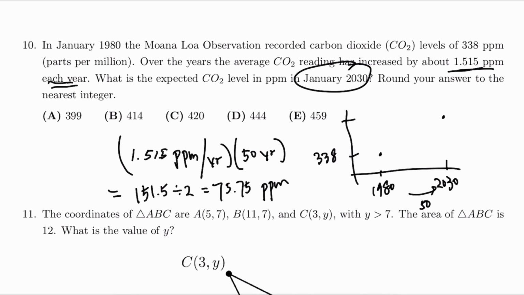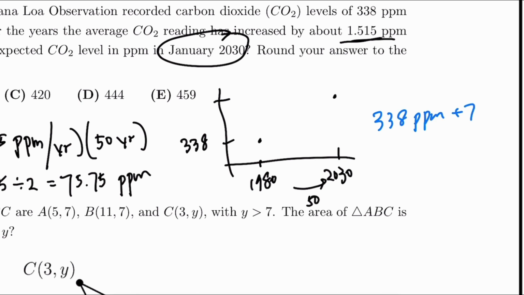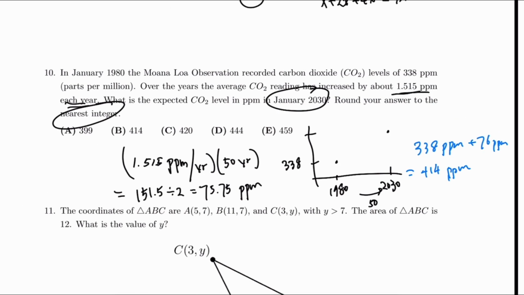Now, because it asks us to round to the nearest integer, we can just round in this step and say, okay, we have 338 ppm plus, now it's basically 76 ppm, which if we add that up, we get 414 ppm, which is answer choice B over here.